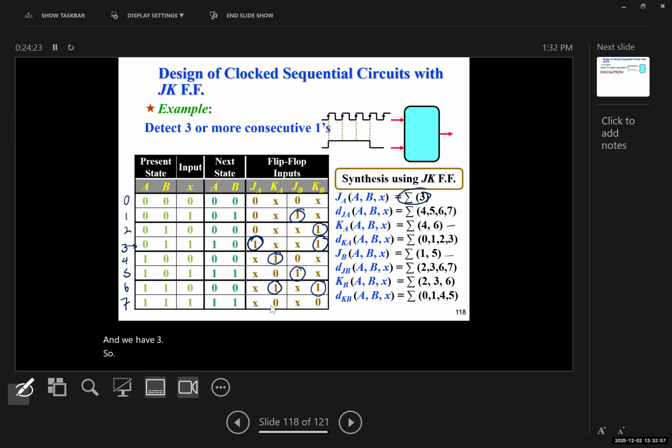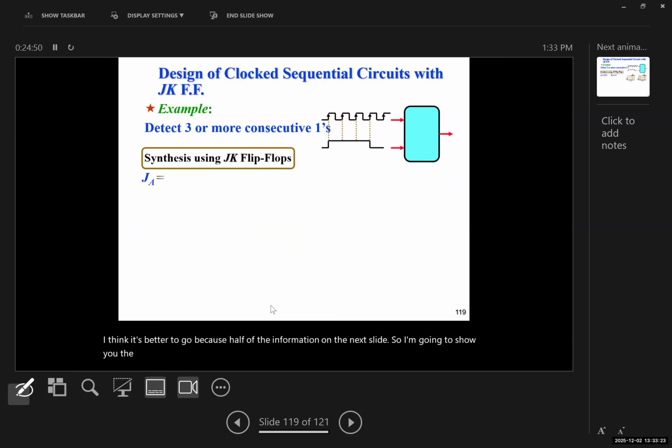Just give me 1 second to find it. So this is from the exact flip-flop that we had previously as well, the D flip-flop. I think it's better to go, because half of the information is on the next slide. So I'm going to show you the next slide and I'm going to go from them.